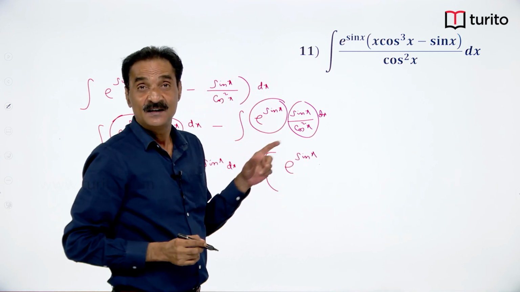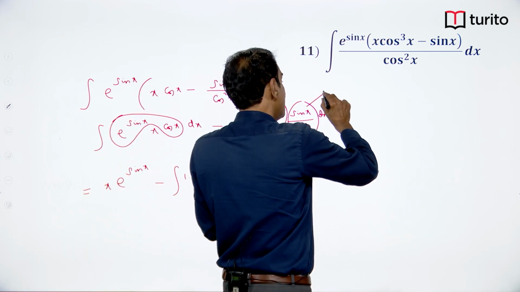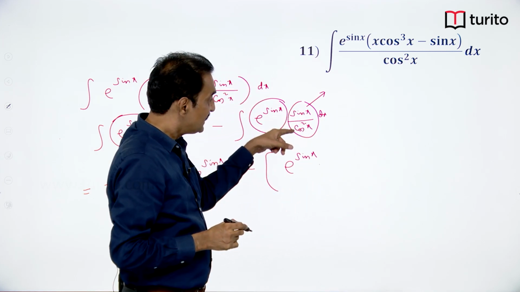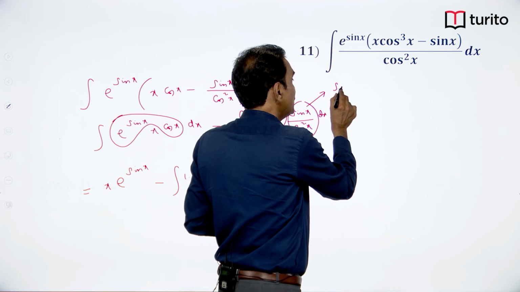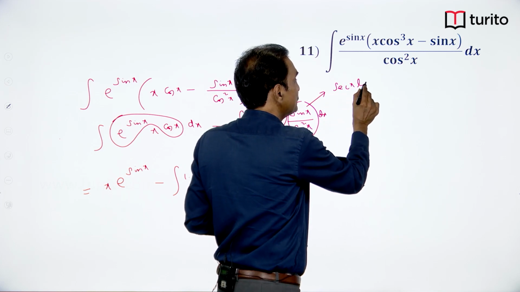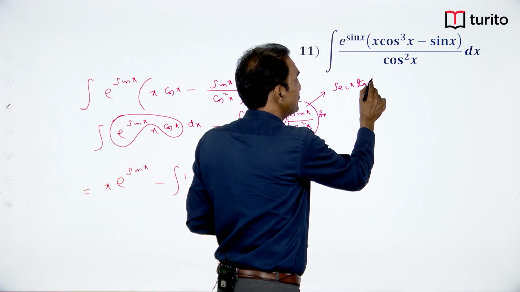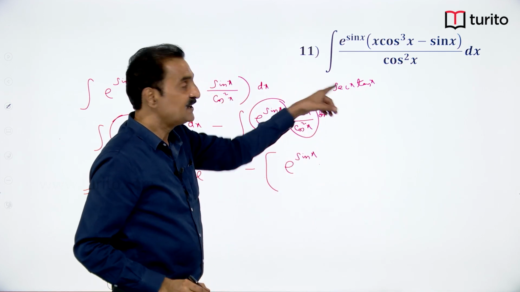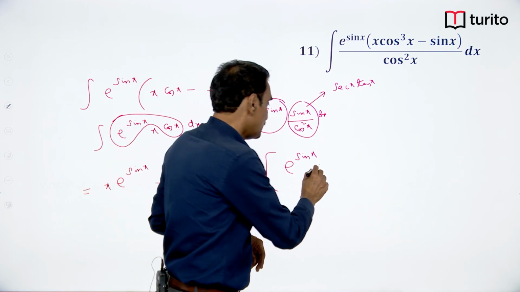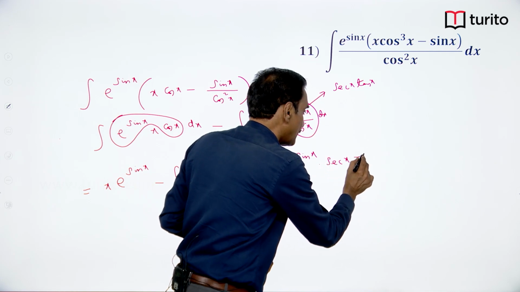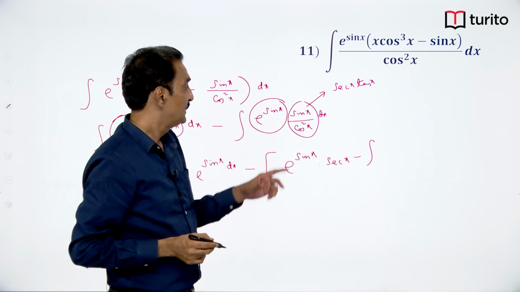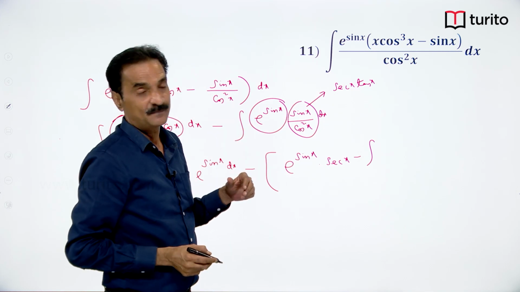integral of the second. Observe the second function, this is nothing but sin x by cos x is tan x, 1 by cos x is secant x. So this is secant x tan x. What is its integral? Secant x. So e power sin x into secant x minus integral derivative of the first function.